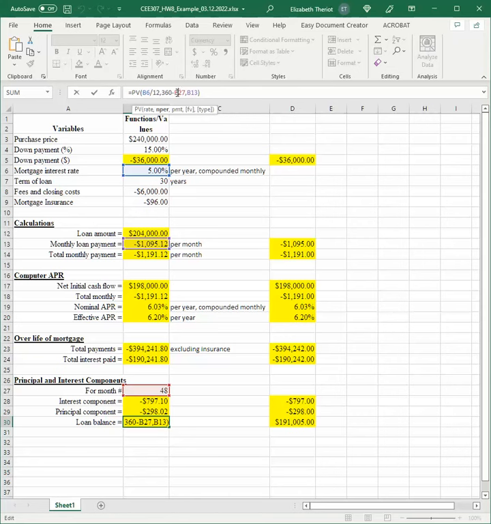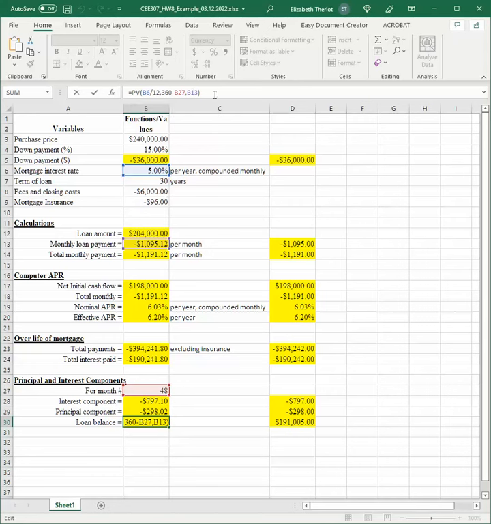That's because that's the total number of months you've paid out of the entire loan period. Because there are 12 months in a year for 30 years, that's 360 months, minus B27 of 48 months. And that's B13 for the monthly loan payment.